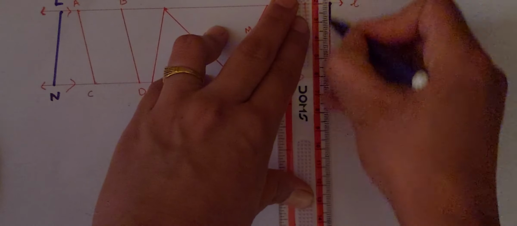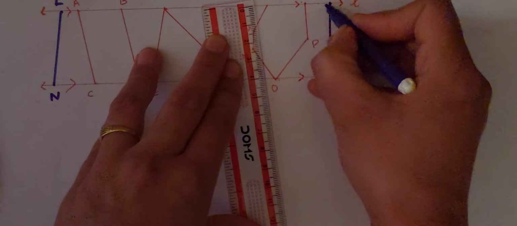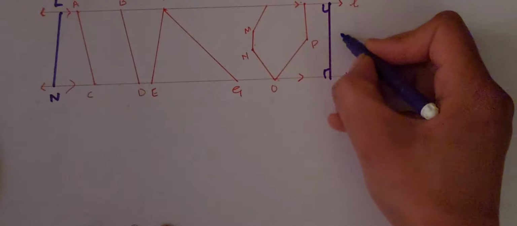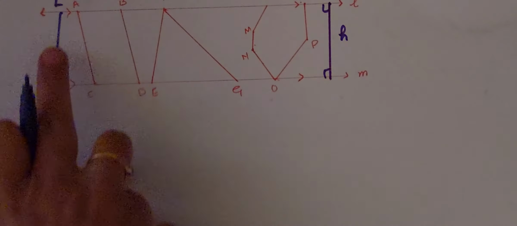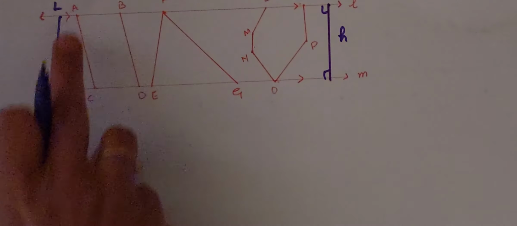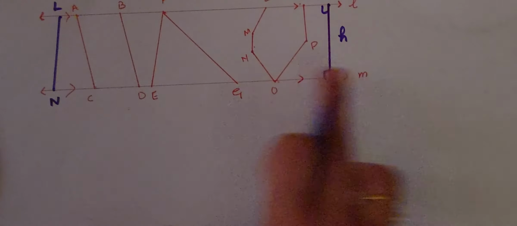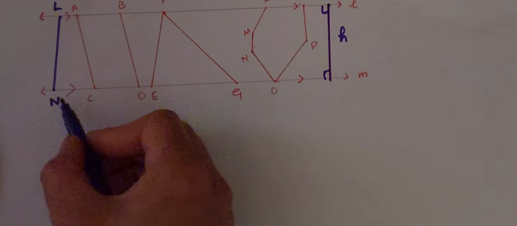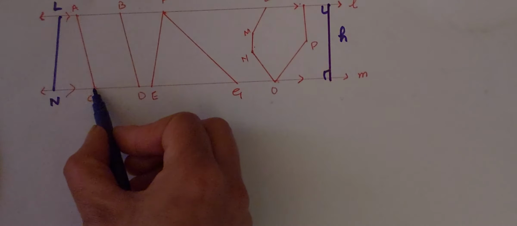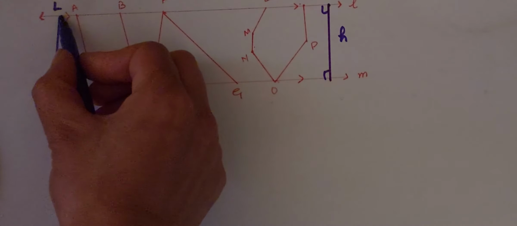Let this perpendicular distance, the distance between L and M, be H. So what is the height of this trapezium with respect to base NC? It is H, because it starts from one parallel line and ends at the other parallel line.